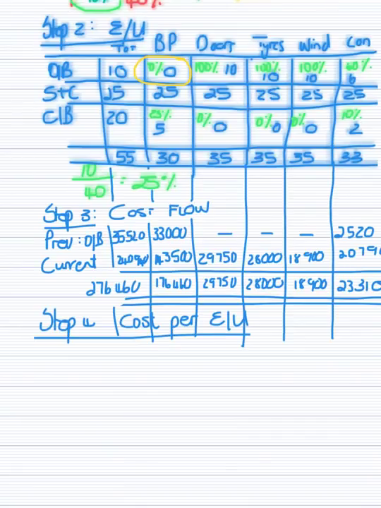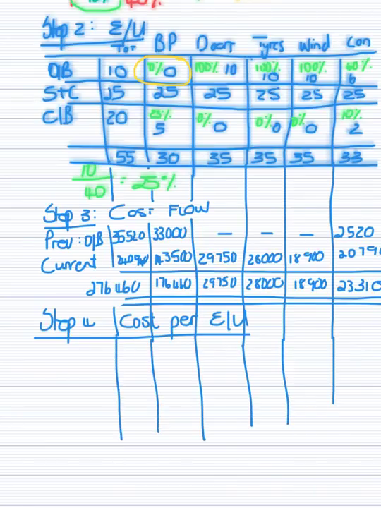So now we use the same columns. When you draw your columns, you can see that you will need them for a couple of calculations. Now we're going to say it's the current cost divided by the equivalent units. Please take note, we do not calculate a cost per unit for the total column.